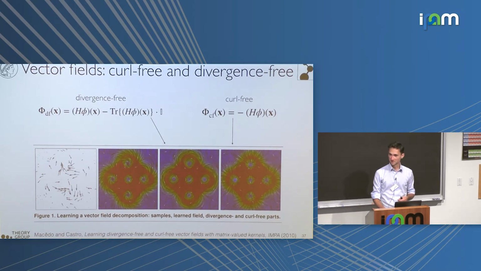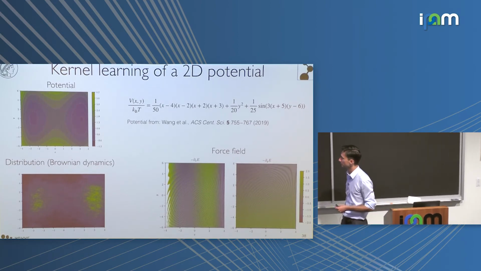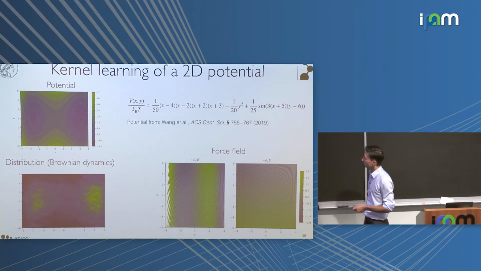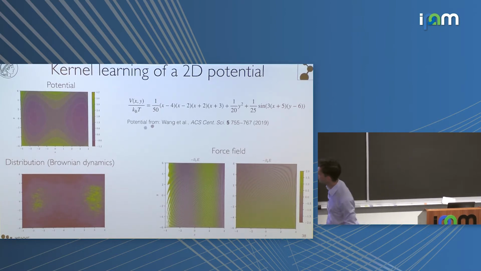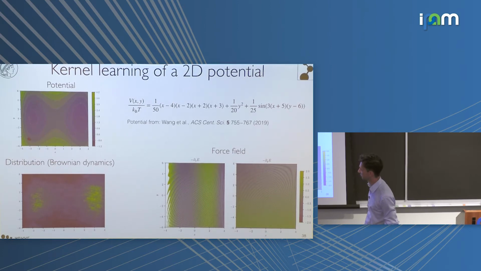So I wanted to try it, and I've worked out a little toy model. I've taken the potential, again from the CGNet paper, which is shown here. So there's this toy model which is in 2 dimensions. I think Frank showed it this morning.